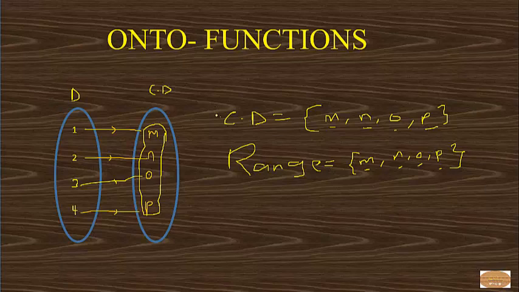So we define an onto function as: if the codomain is equal to the range, we call that function an onto function.